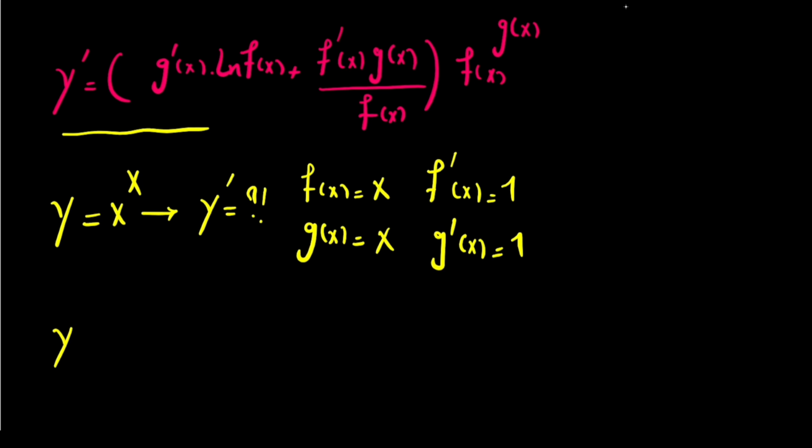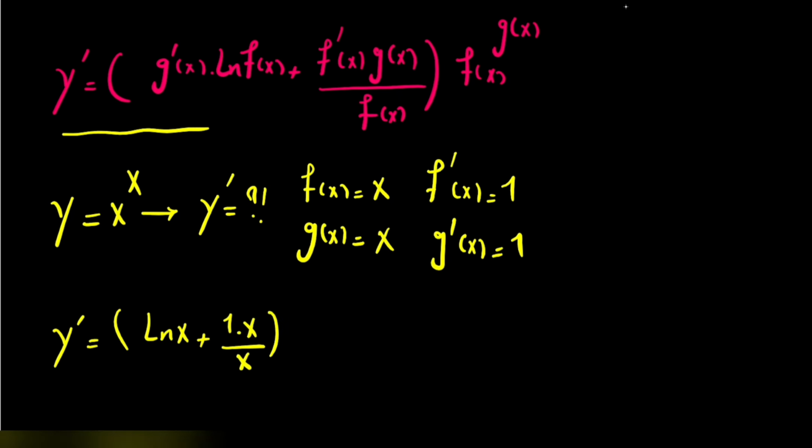So the final answer y prime will be equal to g prime(x), that's equal to 1, times ln x plus f prime(x), that's equal to 1, times g(x), that's equal to x, divided by x, times x to the power of x.